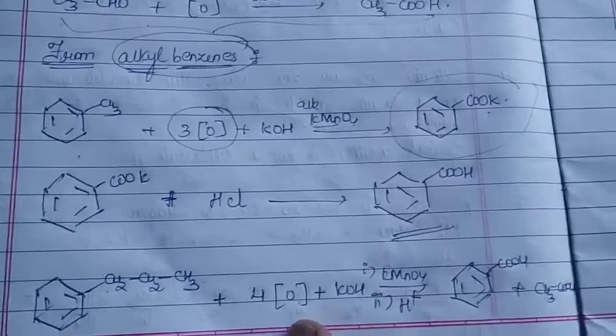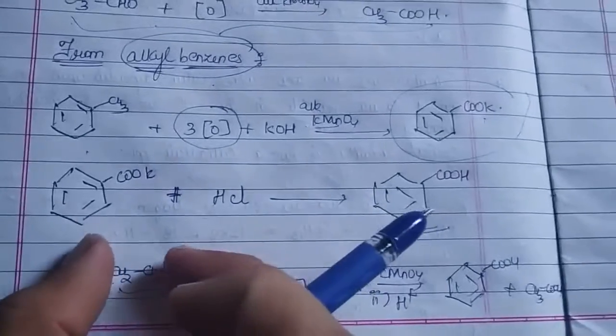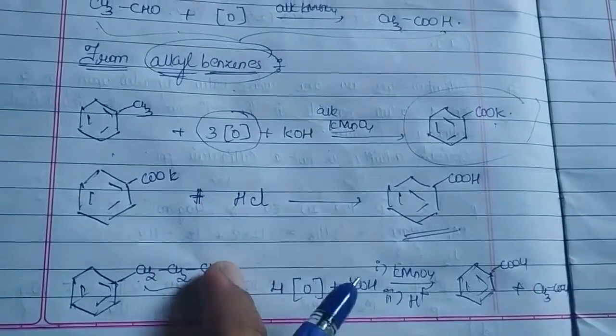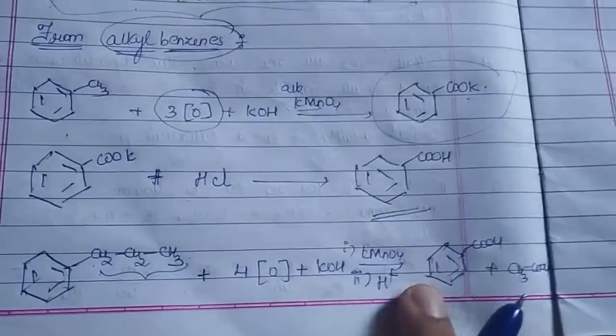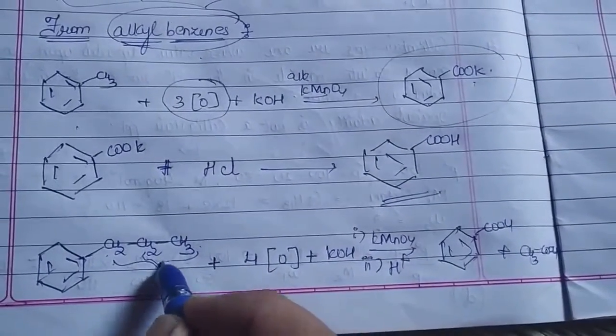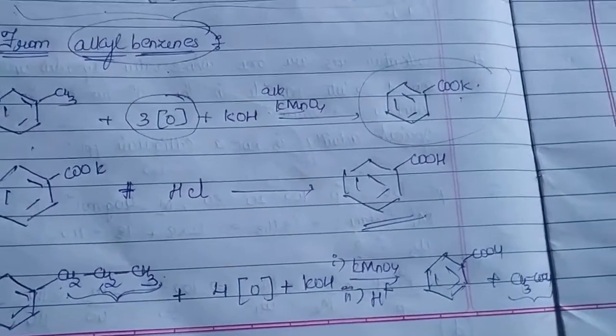What does it mean? Whatever the length of the side chain attached to the benzene, overall that side chain has to get oxidized to acid. One product will be benzoic acid and the other will be another acid corresponding to the remaining carbon atoms.